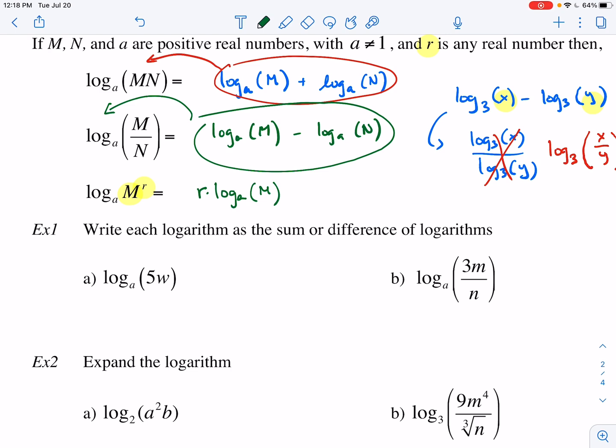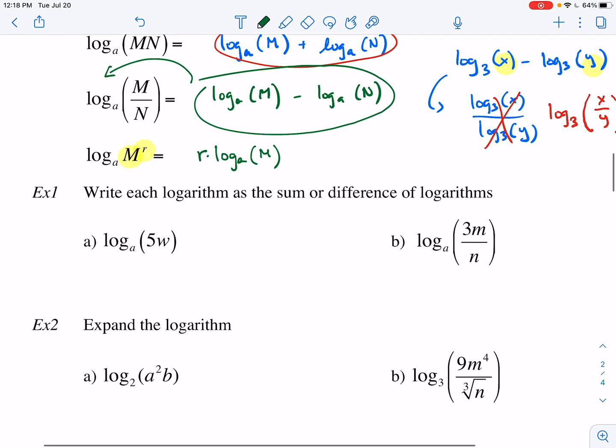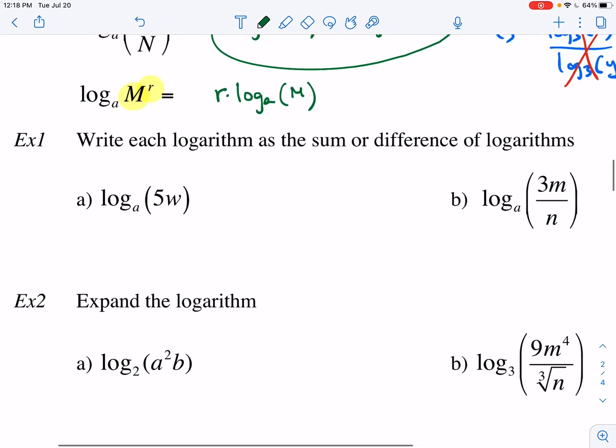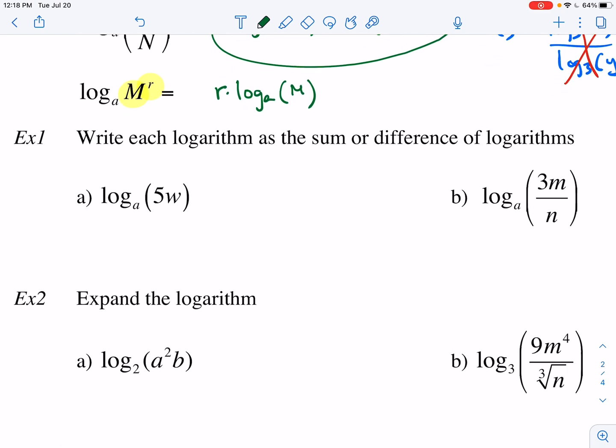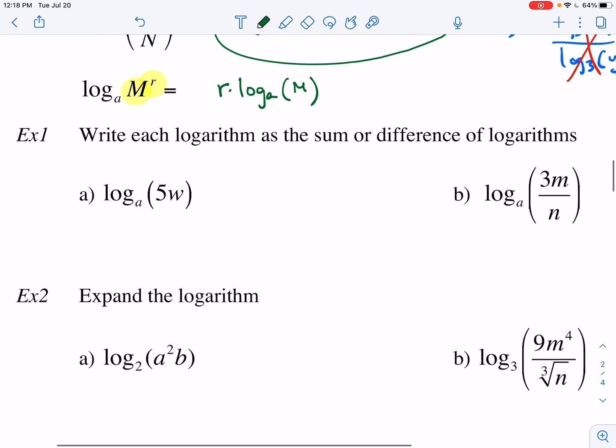Let's practice using the sum and difference rules for logarithms here. If we're given log base a of 5 times w, let's go ahead and just expand this out, and this can be written as log base a of 5 plus log base a of w.